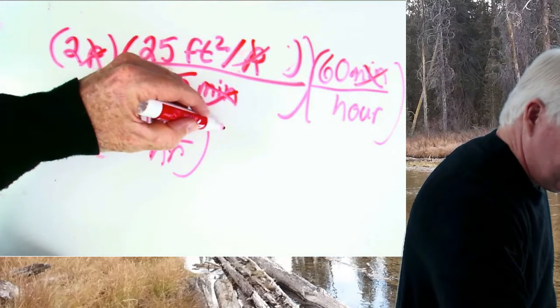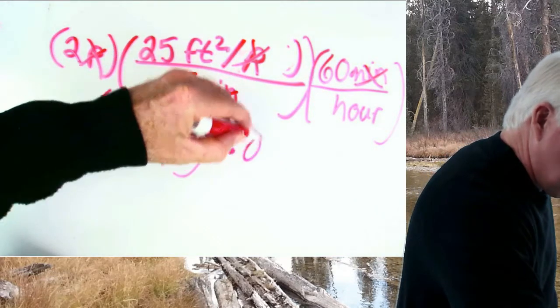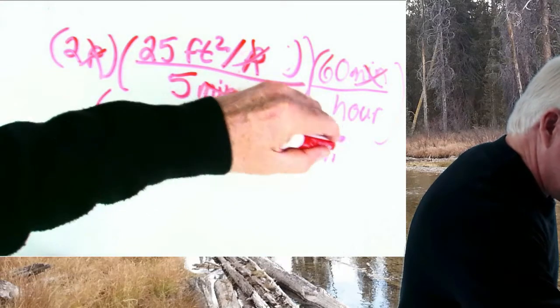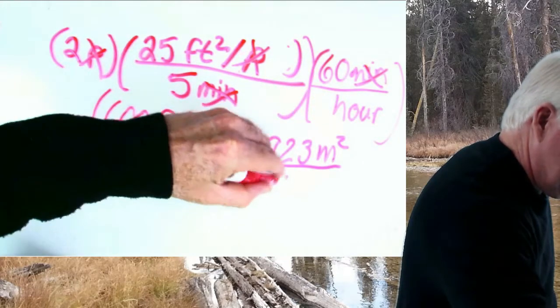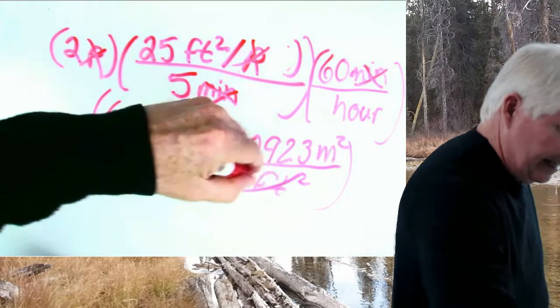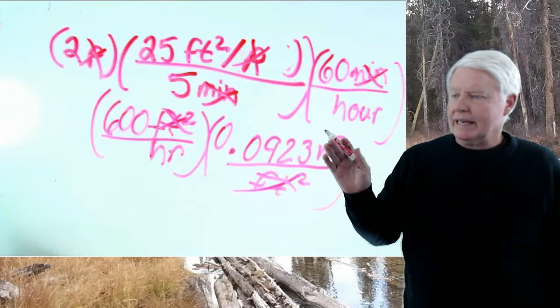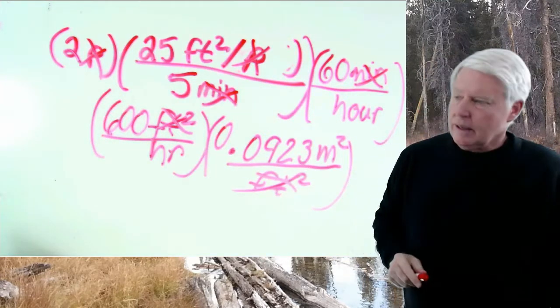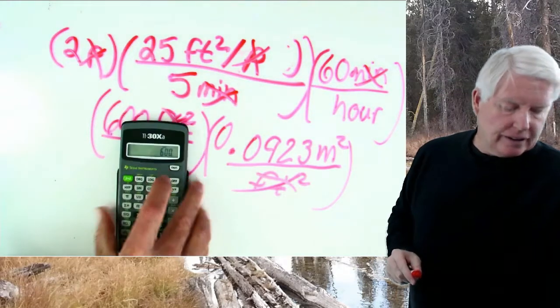And the conversion factor is 0.0929 square meters per foot squared. So of course the foot squared is going to cancel out, and I'm going to end up with square meters per hour. Now let's do the math on the numbers.